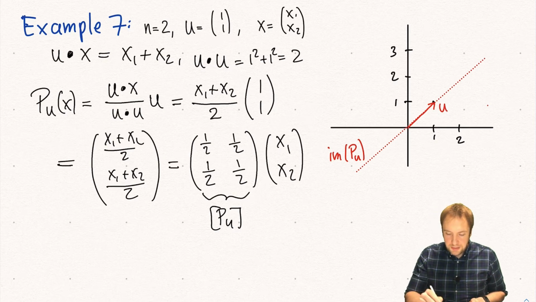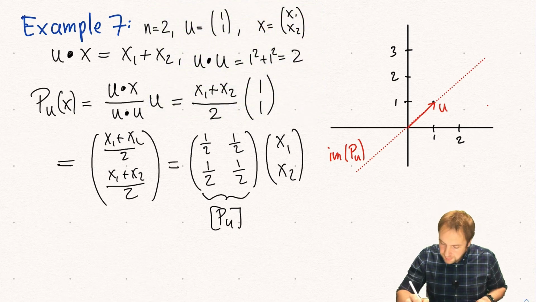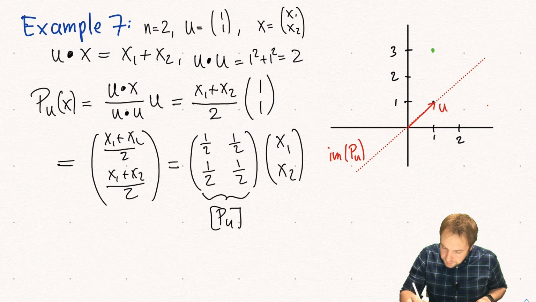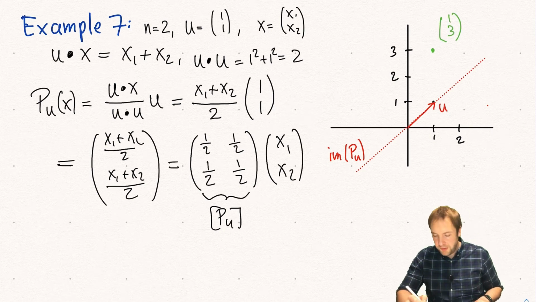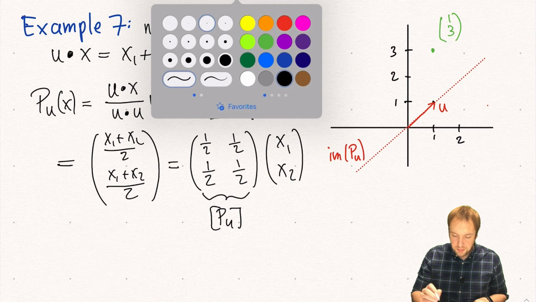So now let's take a really explicit value for x. So for example, this point here, so this is the point (1, 3). Also the vector (1, 3) is this one here. So what is Pu of (1, 3)? Let's calculate this.